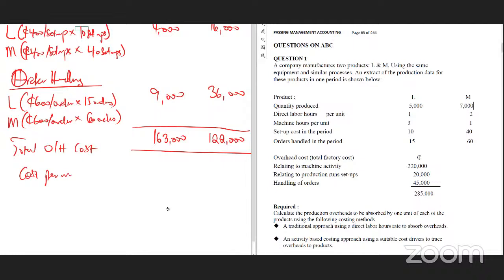Now that you have this, assuming we wanted the cost per unit, what do we do? We divide each by the number of units, right? So if I want L, the cost per unit will now be this 163,000 divided by the number of units, which was 5,000 units produced. Do you guys remember? So 163,000 divided by 5,000 gives me 32 CDs 60 pesos per unit, right?